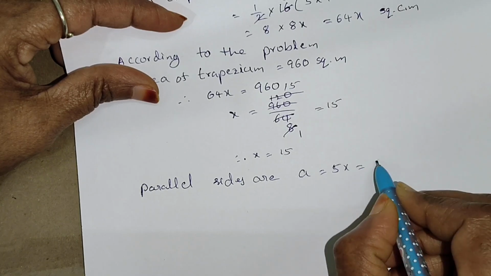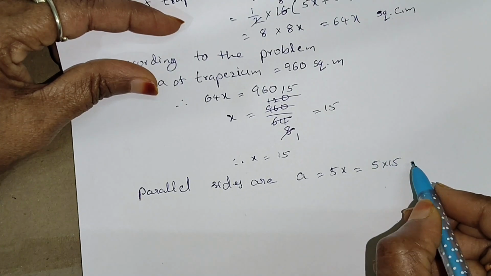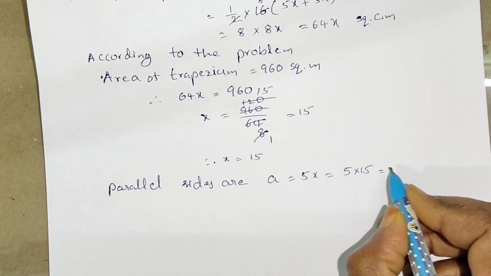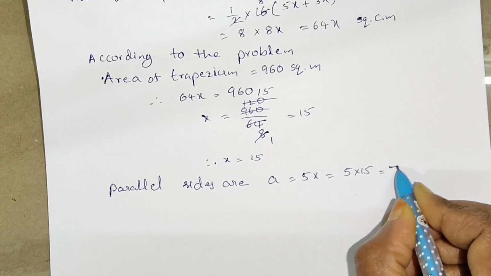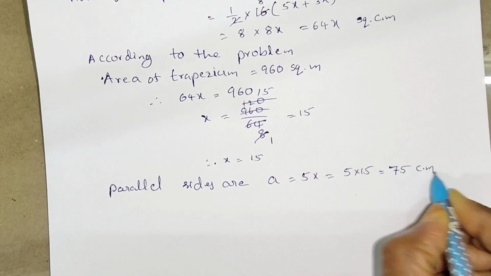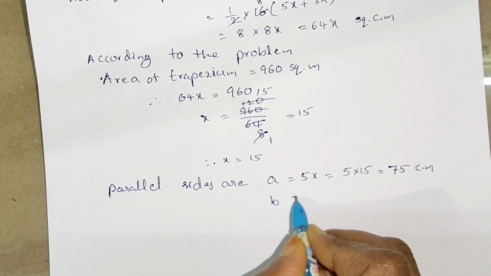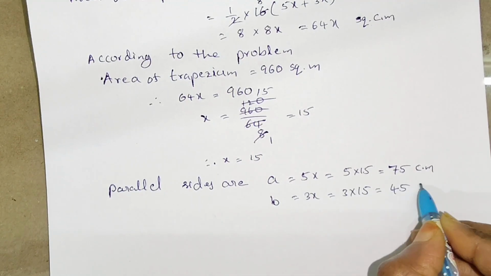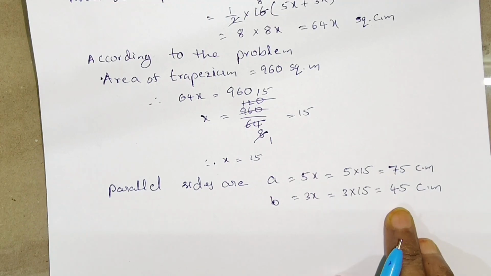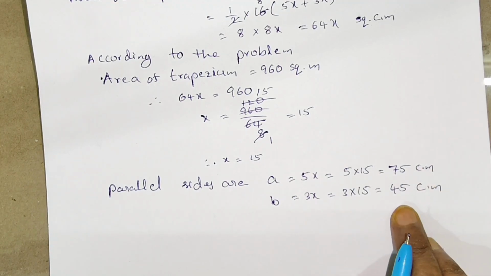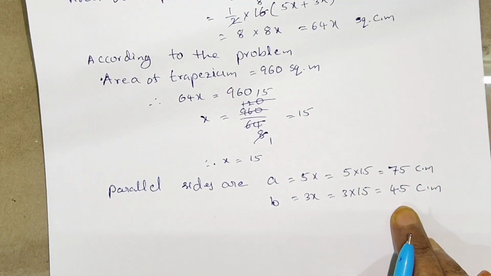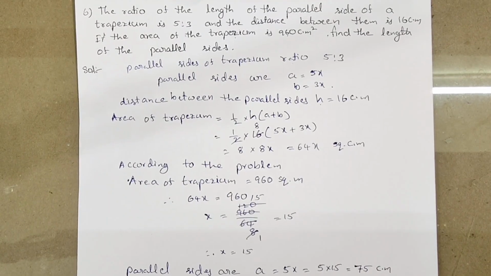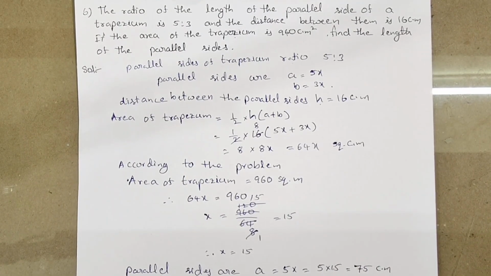Here substitute the x value, 5 into 15, equal to 75 centimeters. Next, B equal to 3x, 3 into 15 is equal to 45 centimeters. These two are the parallel sides. 75 and 45 are the parallel sides of this trapezium. This is the sixth one, complete answer.